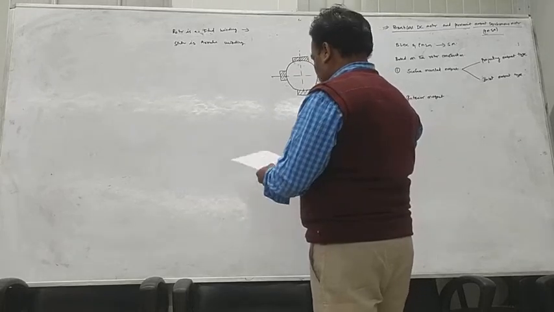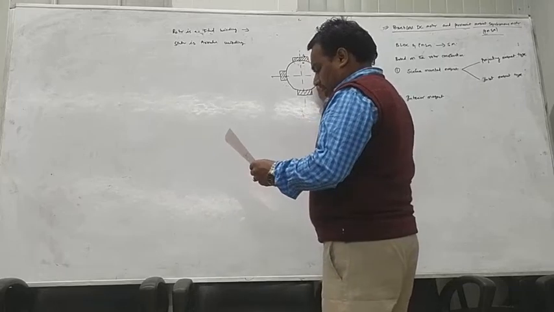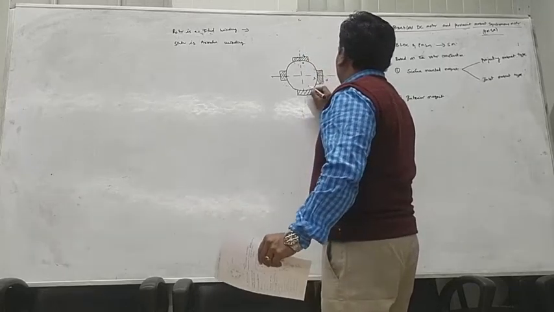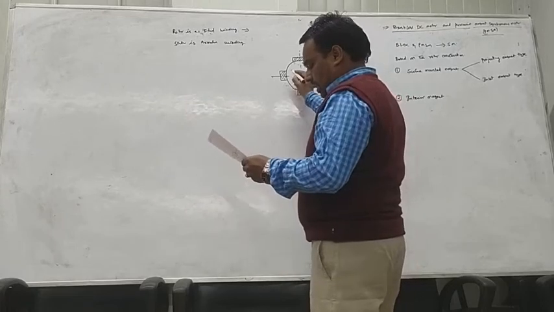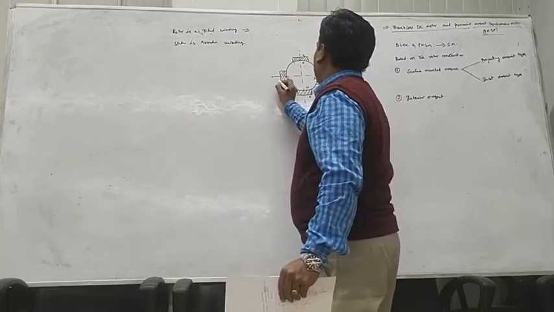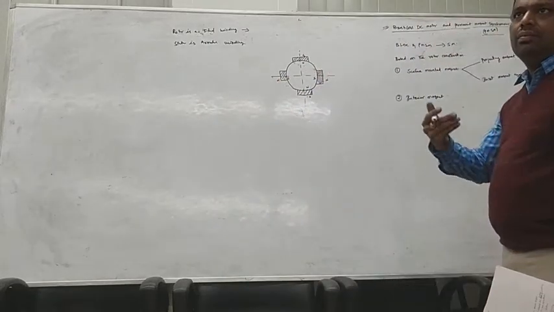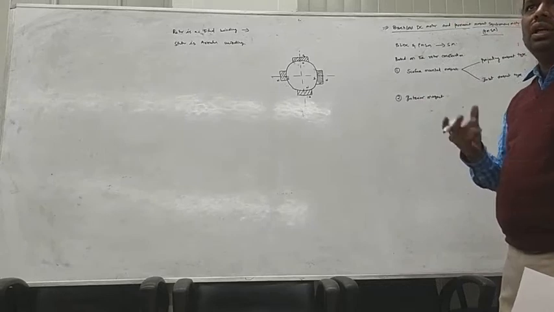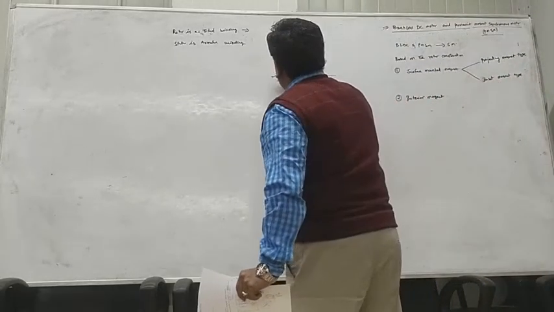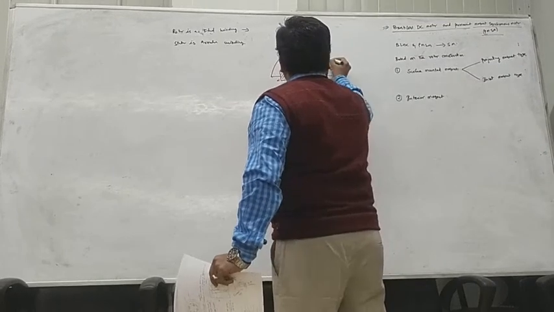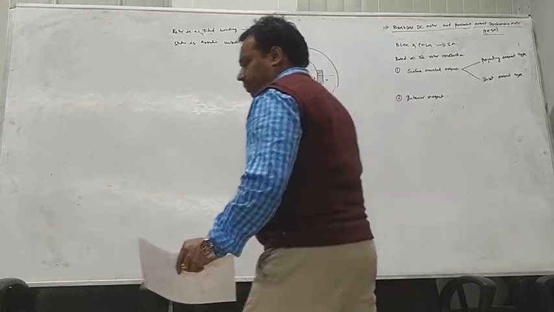So let us see here. This is the north pole and south pole, and here again south pole and north pole. As you know, the south pole is receiving the flux and the north pole is sending the flux. This is the basic structure.